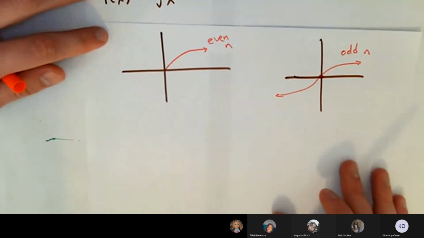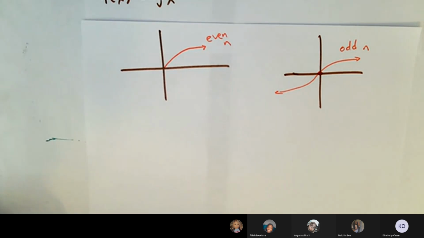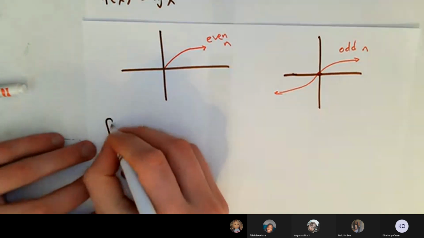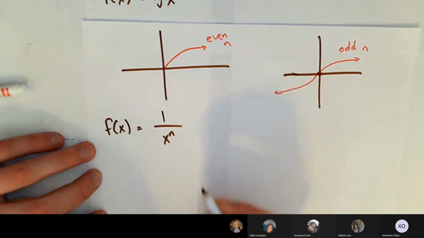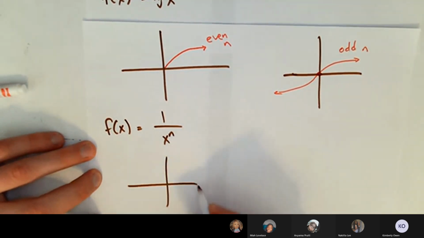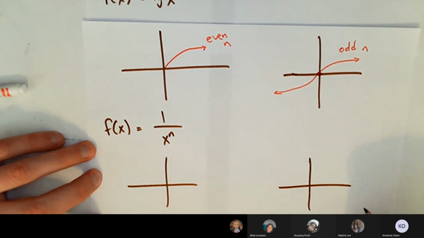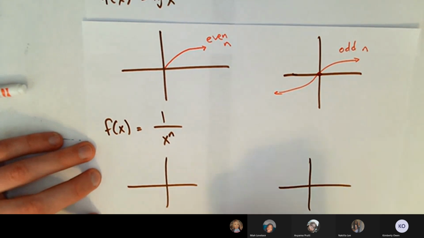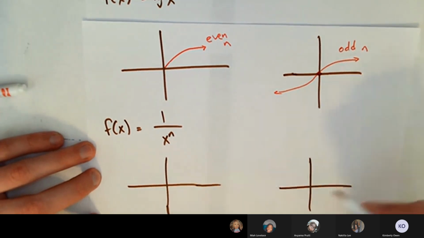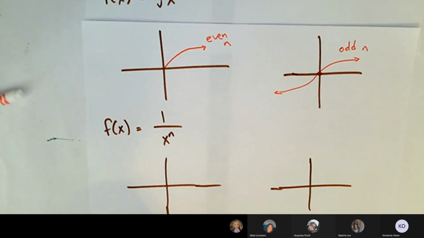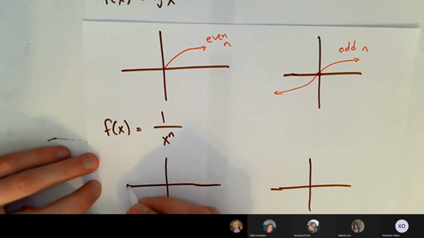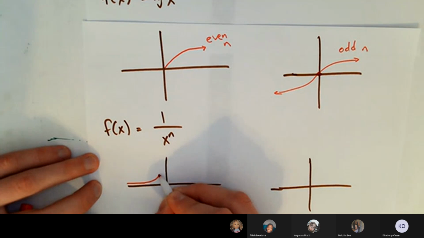Reciprocal functions, which looked like f of x equals 1 over x to the n. We had our even odd versions of those, and these are the ones that had asymptotes, right? Meaning those points where the function starts blowing up to infinity or negative infinity. So for an even n, we had this sort of shape.